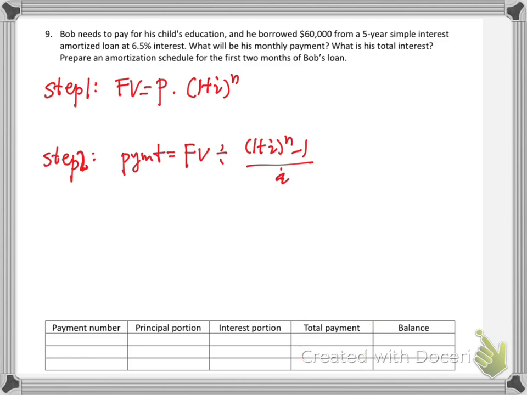So future value is, you borrowed $60,000, and again it's compounded monthly. So this will be the R, 6.5% divided by 12, and the N will be 5 years, so 5 times 12, 60 months.